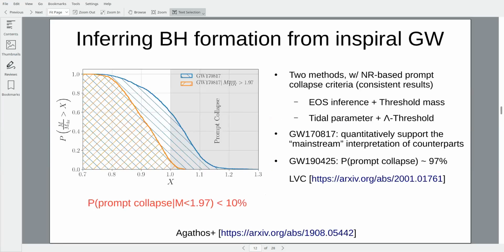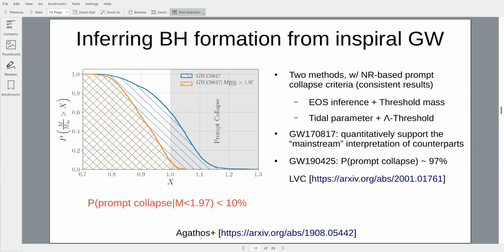So this model can actually be used to infer something quantitatively from the inspiral gravitational wave, and here we have actually used both criteria.